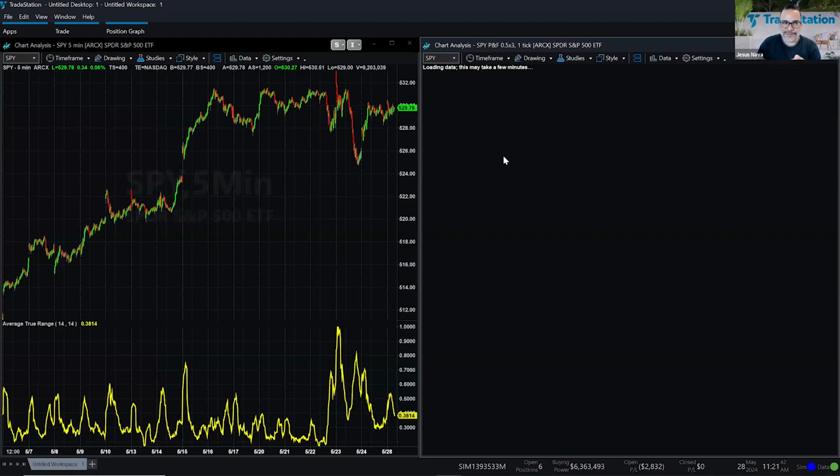Control R, if you didn't know this, hitting Control R on your keyboard reloads your data on the chart. So many times, especially if you're having issues downloading data onto a chart, or your data does not look the way that it should, Control R forces TradeStation to download the data again from the server. So it's kind of a refresh.